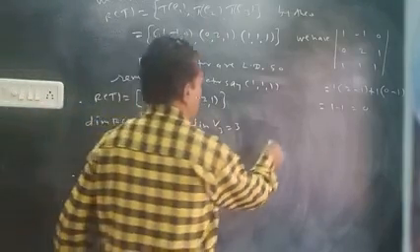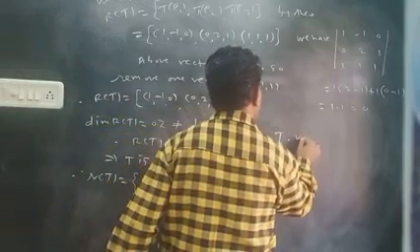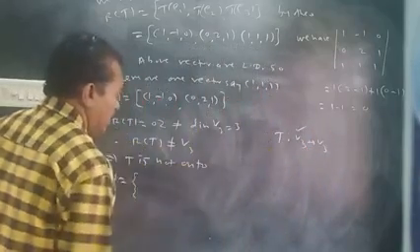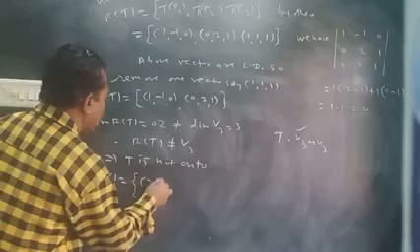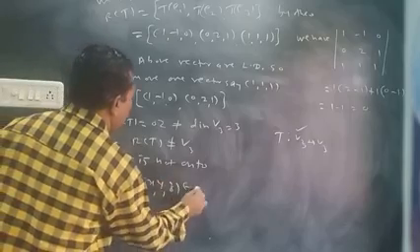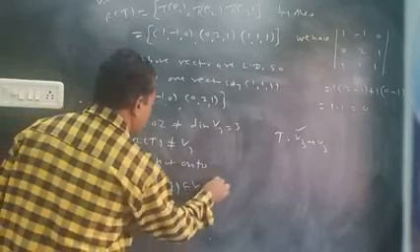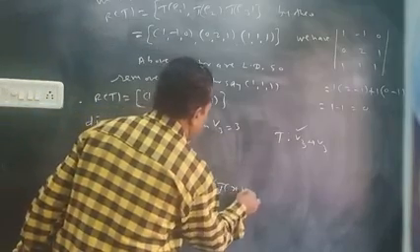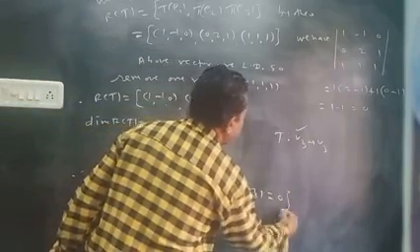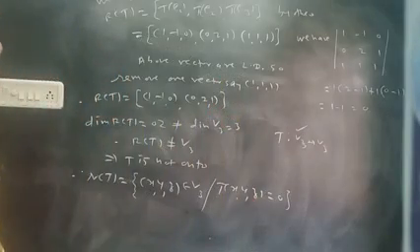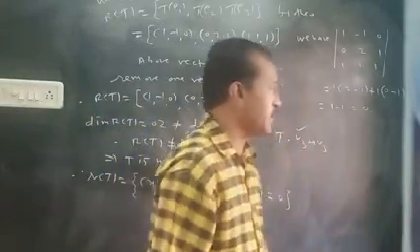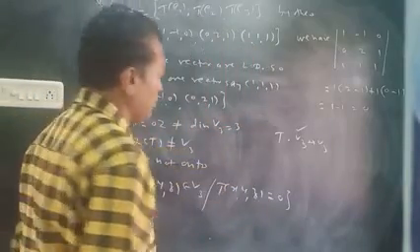NT, T mapping from V3 to V3. Suppose (x, y, z) is a vector of V3 such that T of (x, y, z) equals 0. By definition of NT, it consists of vectors of the left side domain space such that T of this equals 0.